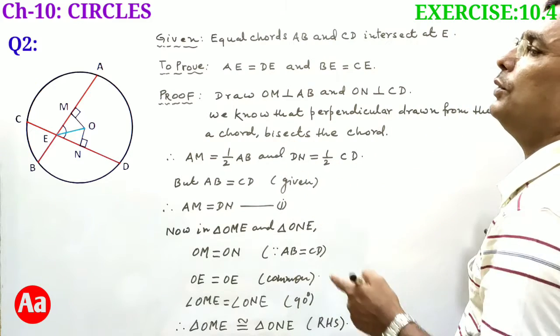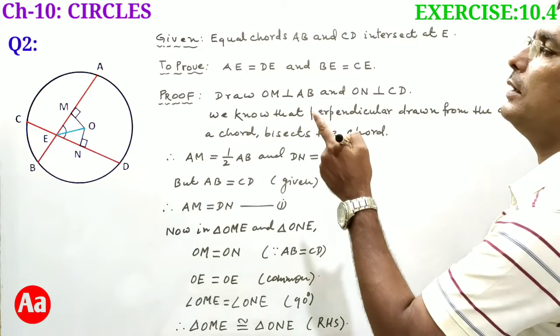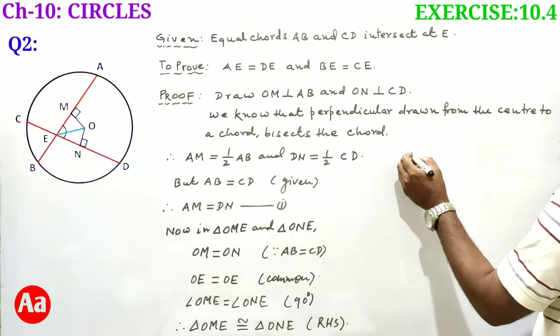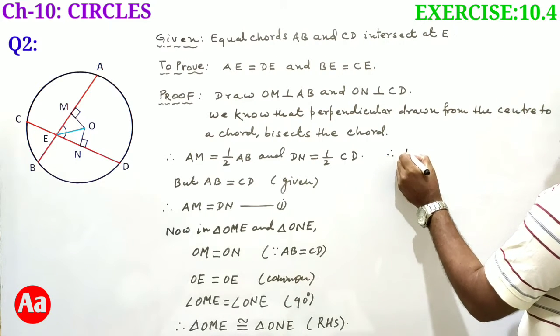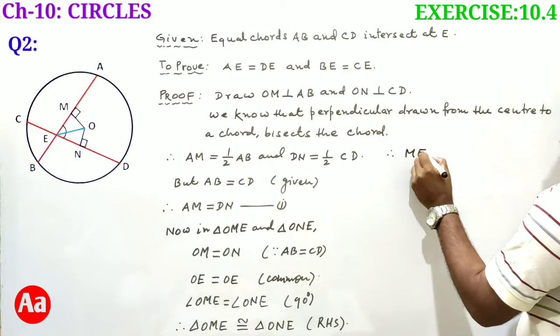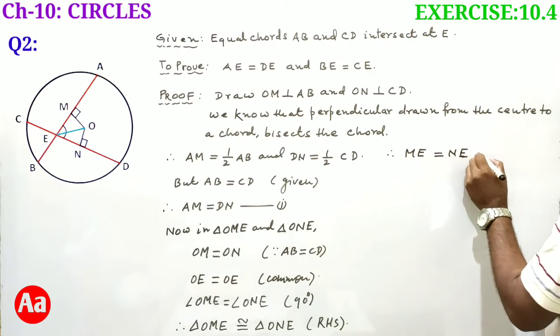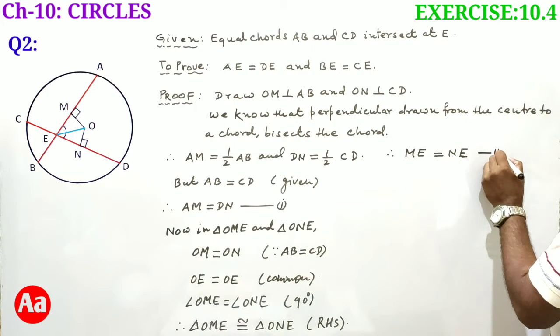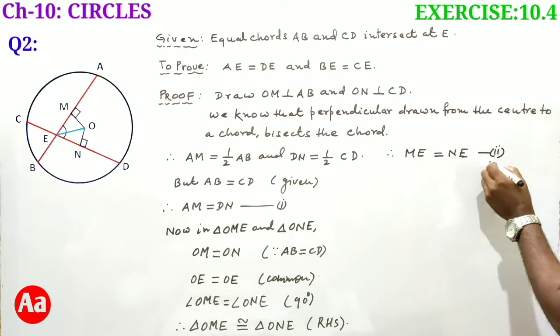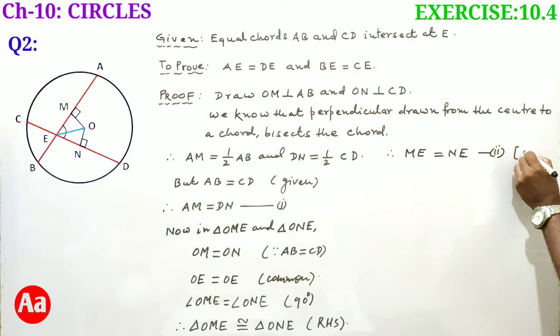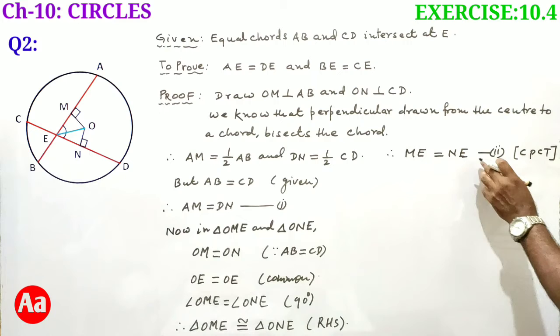So triangle OME is congruent to triangle ONE. Therefore ME is equal to NE, let it be number 2, and we can give the reason for this as CPCT.